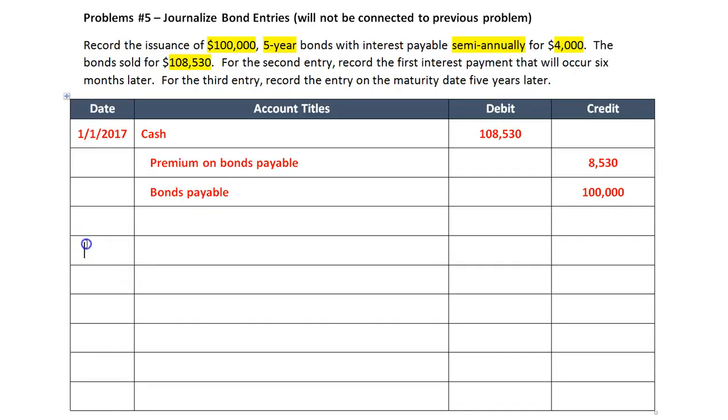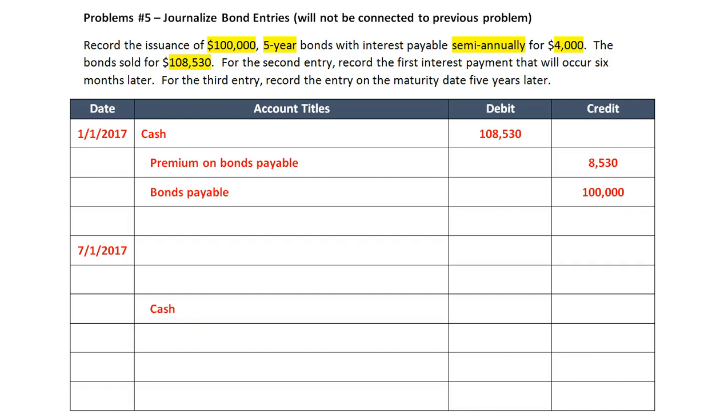Alright. The next date, we're going to make the first interest payment. So we'll be paying out cash here. Let's go through the math. We're going to be paying out the face value times the coupon rate. Okay, never mind. They give you the number.